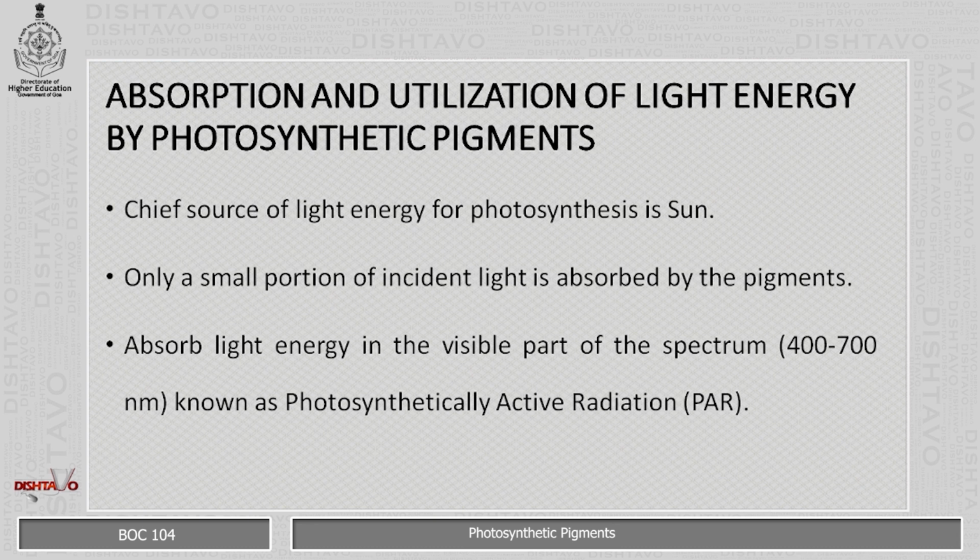The chief source of light energy for photosynthesis is the sun, but only a very small portion of the sunlight is absorbed by the pigments, and this light which is absorbed is from the visible part of the electromagnetic spectrum, that is from 400 to 700 nanometers, and therefore it is known as photosynthetically active radiation or PAR.